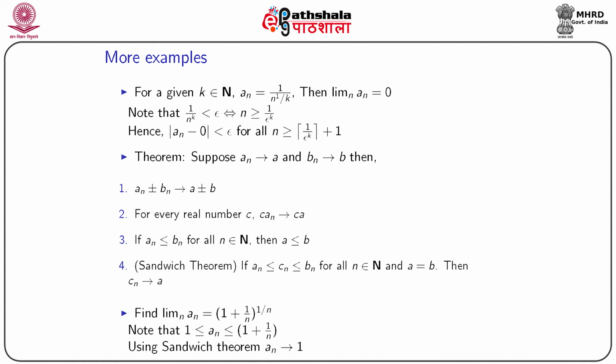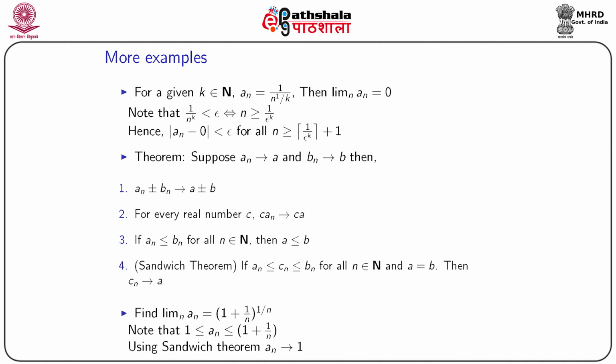It says if c_n is in between a_n and b_n, that means a_n less than or equal to c_n less than or equal to b_n for all n belonging to N, and a is equal to b, that means both the extreme sequences a_n and b_n are converging to the same number, then the sequence which is in between will converge to a. That means c_n is converging to a.